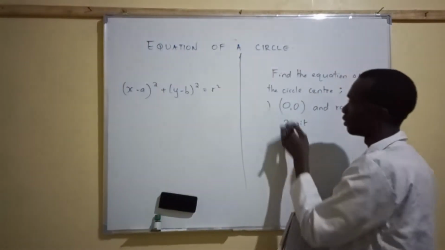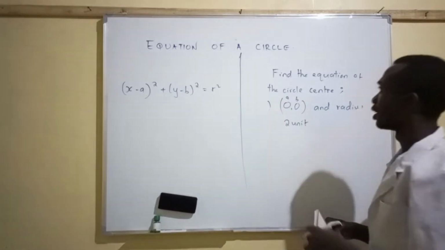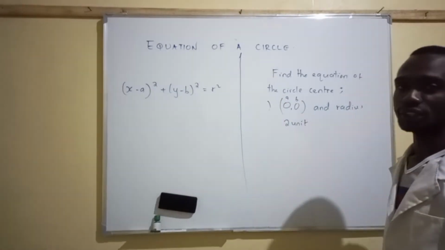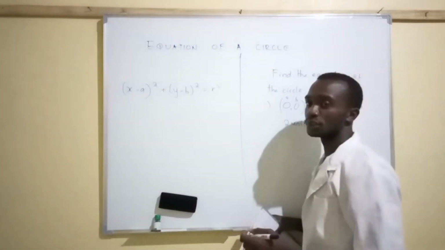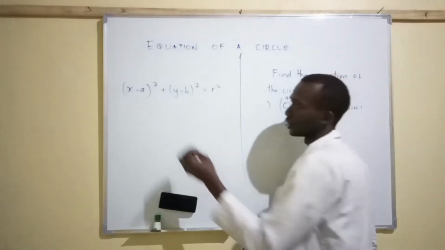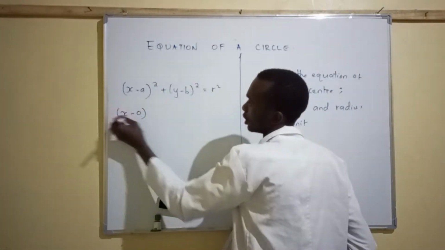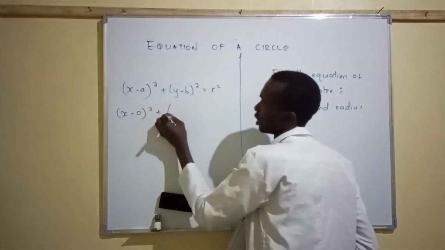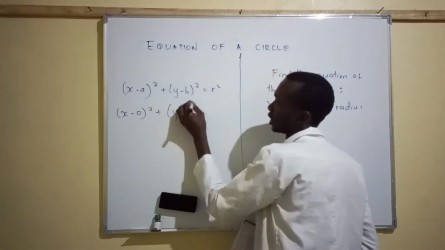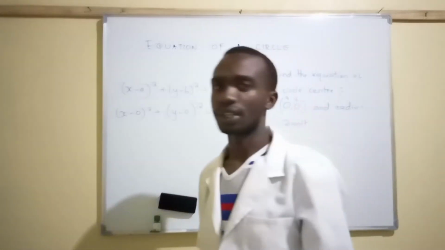Because the center of this circle is (0, 0), I substitute my a with 0 and my b with 0. So the equation becomes (x minus 0) squared plus (y minus 0) squared. This should give you the radius squared, r squared.